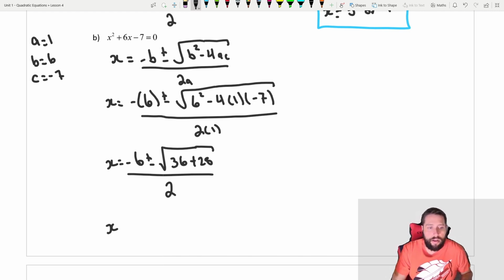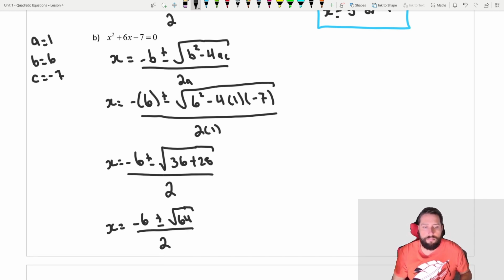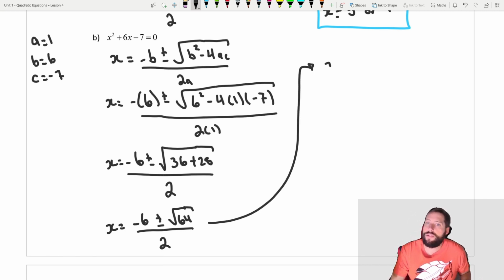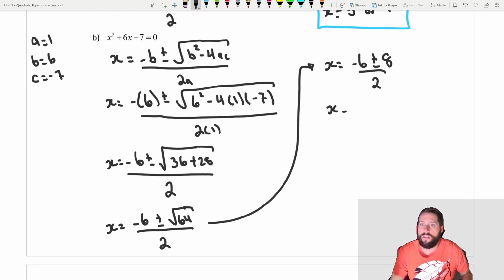So now we have x is equal to negative 6 plus or minus the root of 64, all over 2. We know the square root of 64 is 8. So x is equal to negative 6 plus or minus 8, all over 2. Divide everything by 2. We have x is equal to negative 3 plus or minus 4, which means that x is equal to either 1 or x is equal to negative 7.